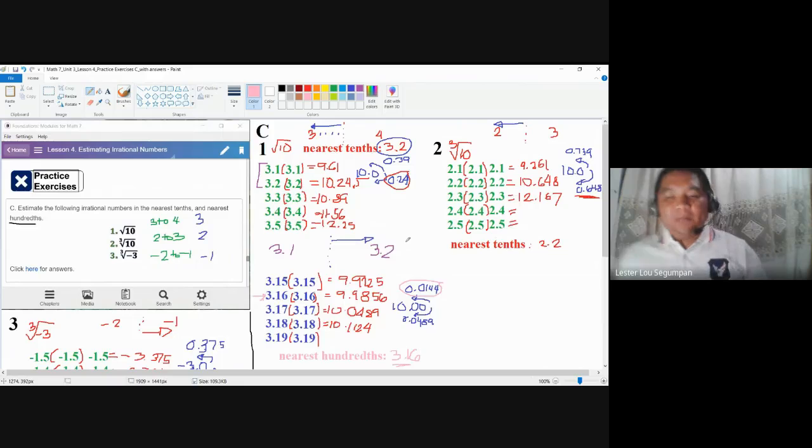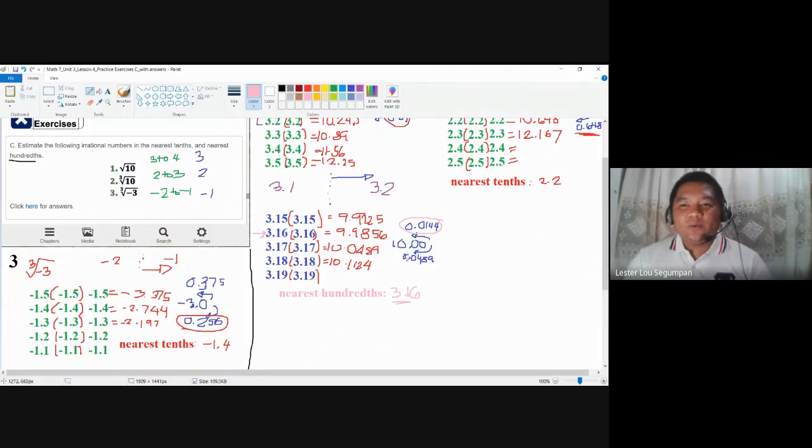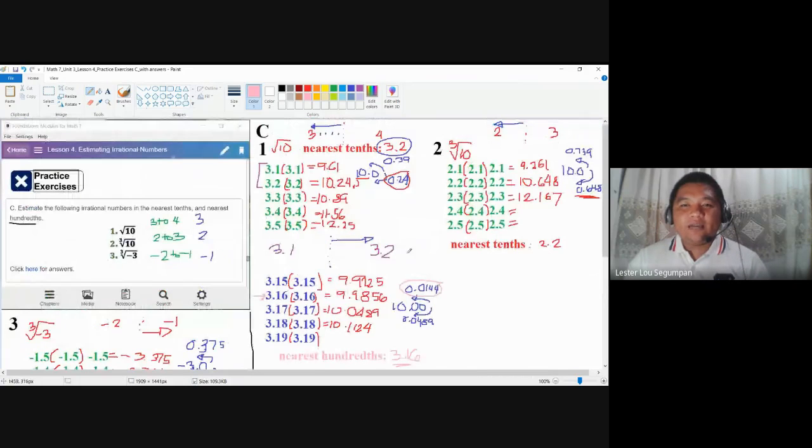So duplicating the same process, we are going to determine now the nearest hundredths for number 2. We already have 2.2 here, but basically our range is in between 2.1 and 2.2 in the above recorded solution. So it's actually 2.1 to 2.2, but the nearest tenth is closer to 2.2.